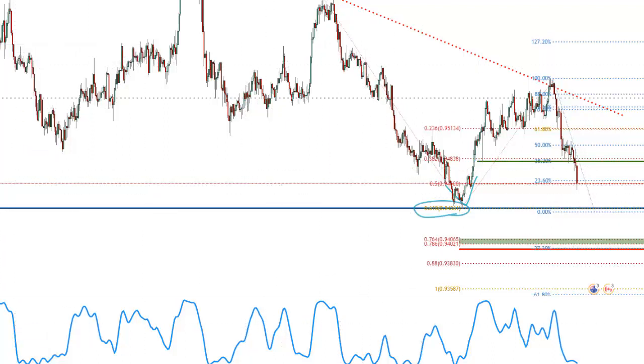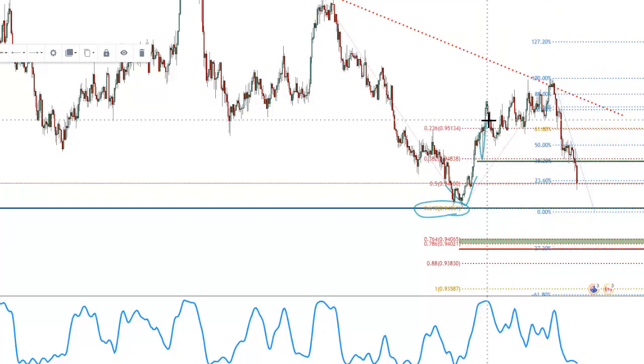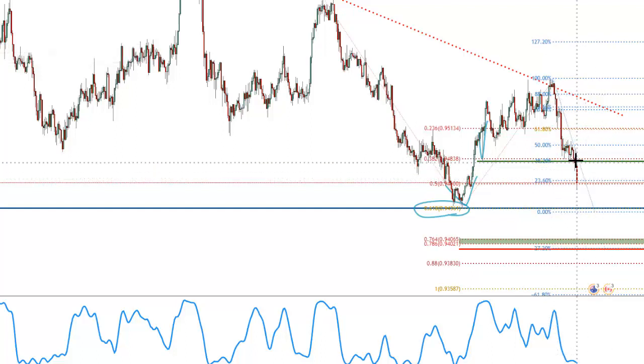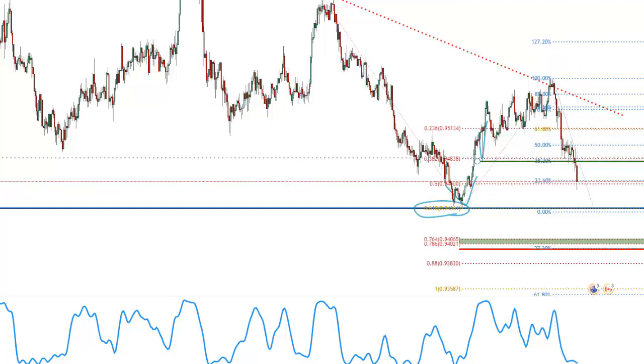The reason for that is because there's this big spike over here, right? Previously you can see that there's a little bit of noise over here. So there are probably a number of buyers over here getting ready to get rid of their positions, right? And 38% is always a key Fibonacci retracement to look at, right?